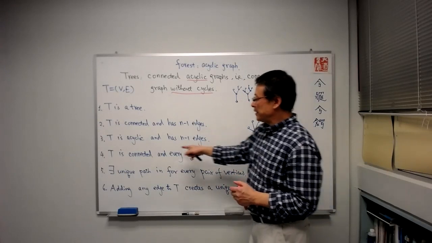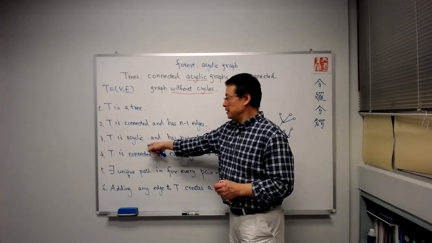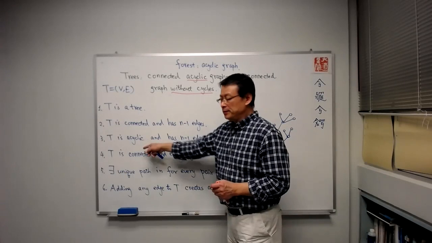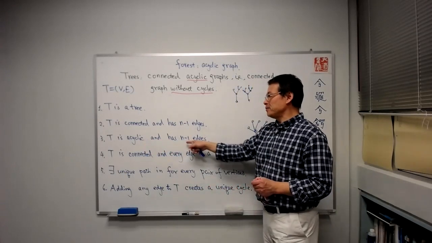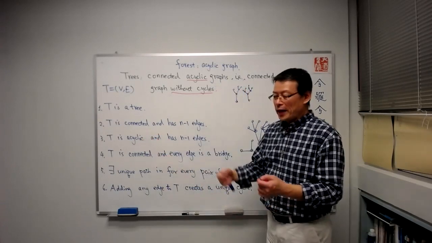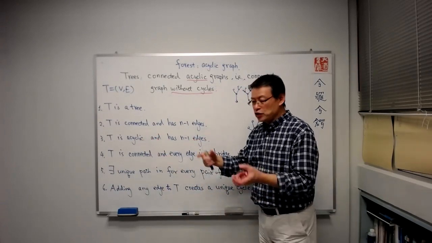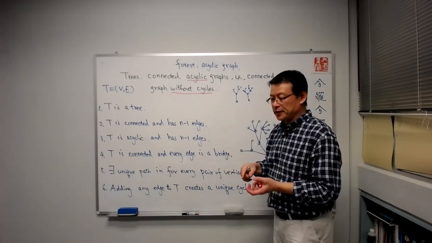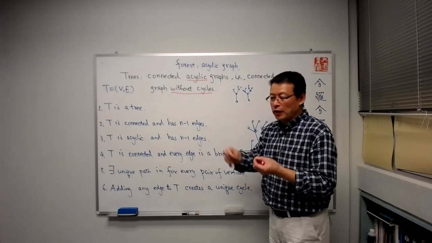The third one says the graph contains no cycle, but the number of edges is n-1. So when the graph has no cycle, we have to use n-1 edges to make the whole graph connected. If we have n-1 edges, the whole graph will be connected.